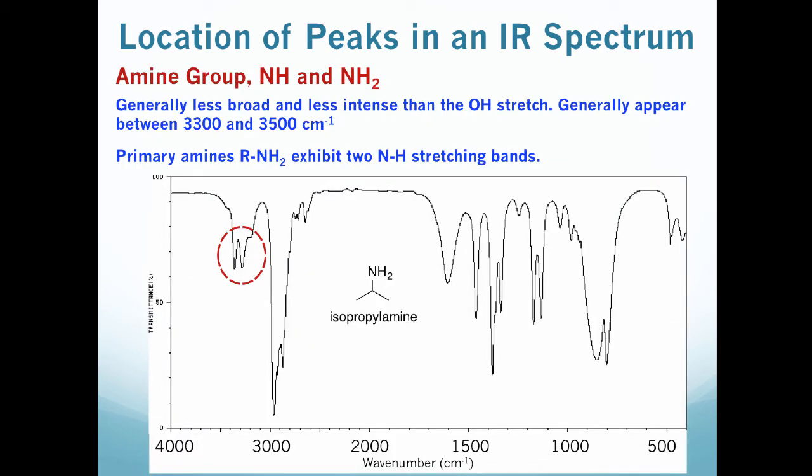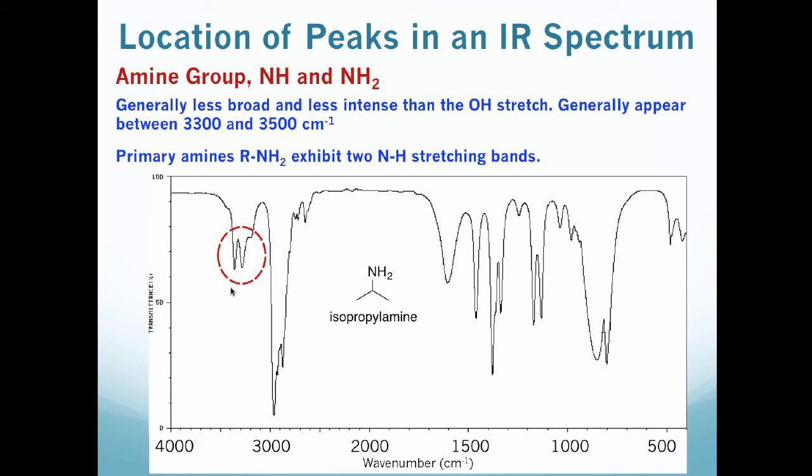Okay, the next thing we're going to look at, in that same region, is NH and NH2 stretches. So NHs and NH2s, again, show up in this same region, but they're generally less broad and less intense than the OH stretch, and they appear between 3300 and 3500 wave numbers.